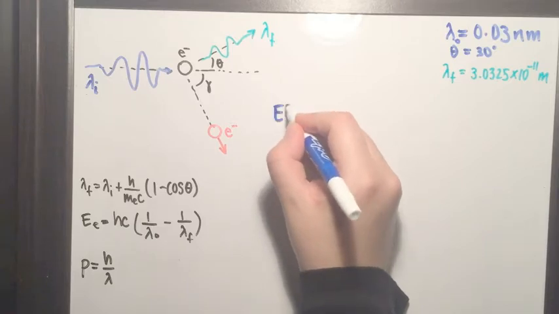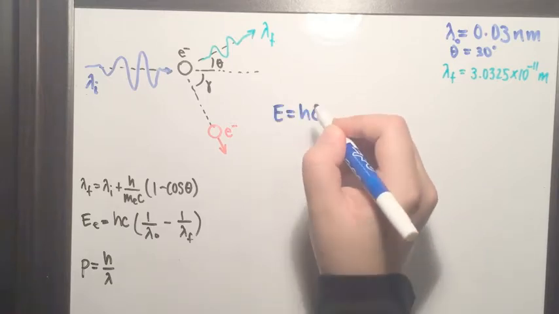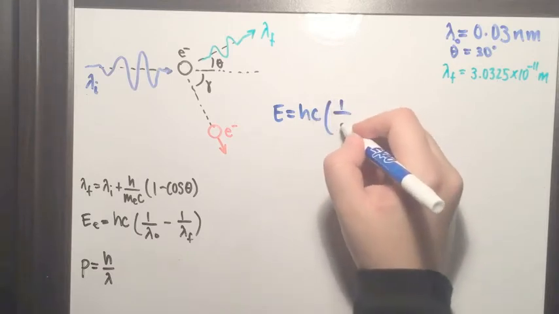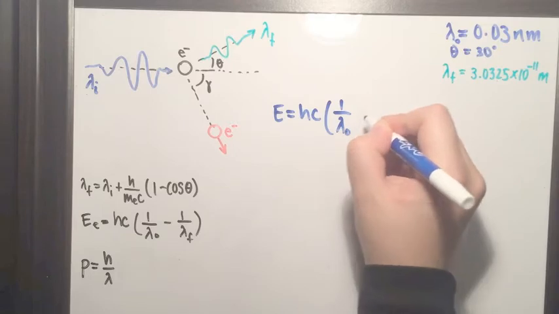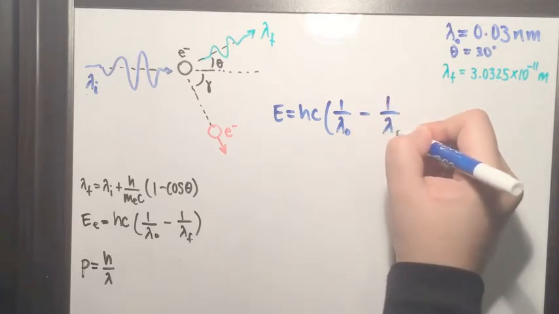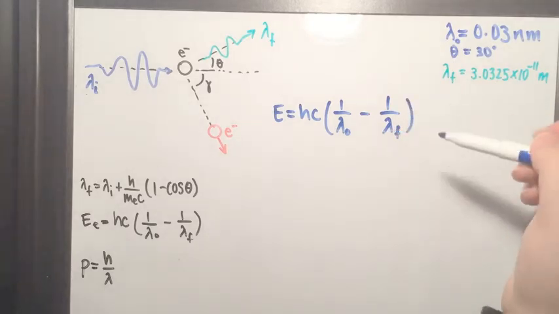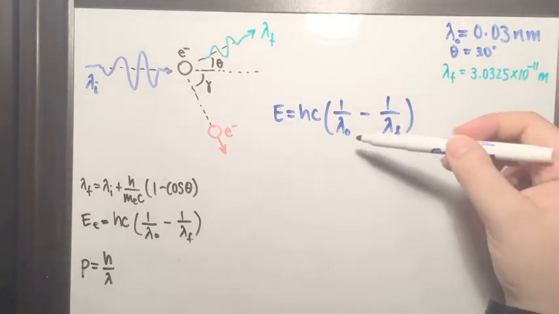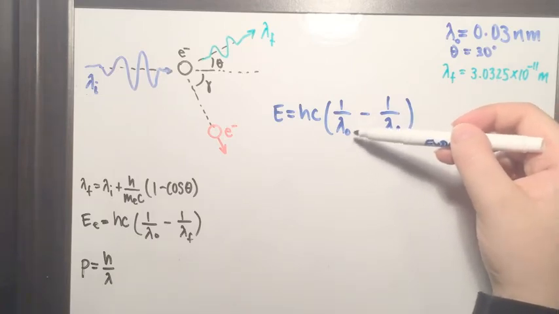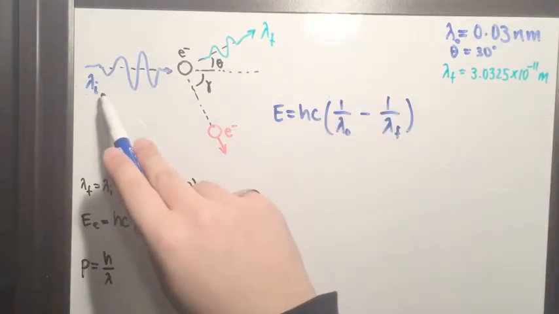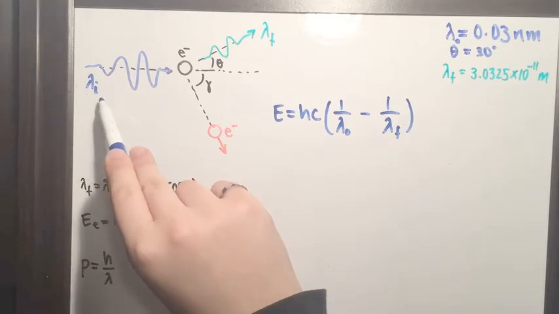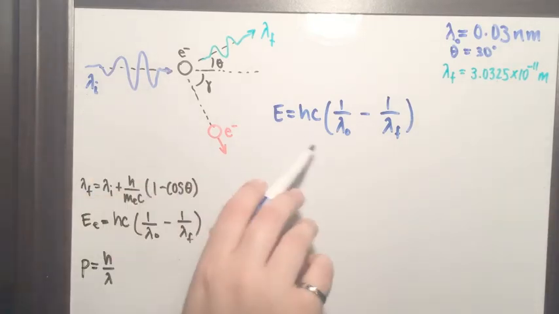So we have E equals hc times 1 over lambda initial minus 1 over lambda final. I just want to make a note that I'm using the 0 or the naught symbol and i interchangeably for the initial wavelength.